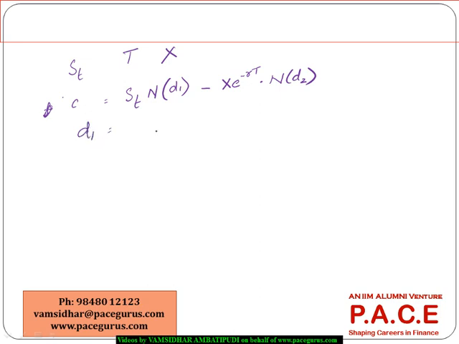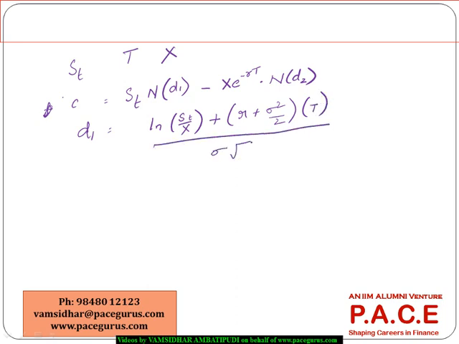Here d1 is log(S_t by X) plus (r plus sigma squared by 2) into T, divided by sigma root T, and d2 is d1 minus sigma root T. N(d1) and N(d2) are the cumulative distribution values associated with the standard normal distribution.